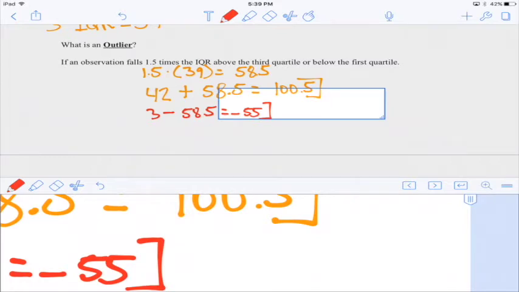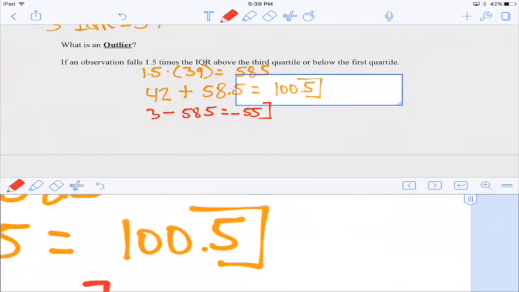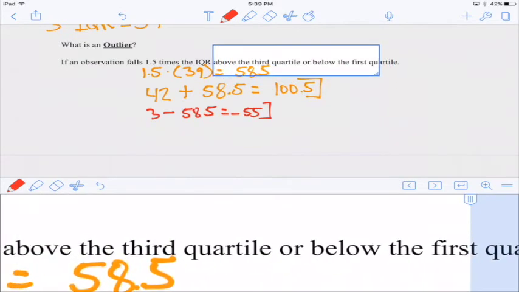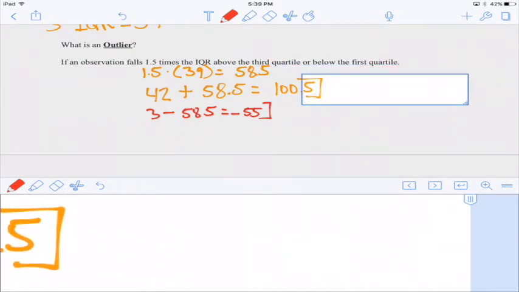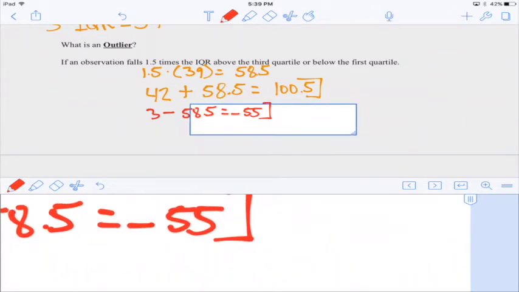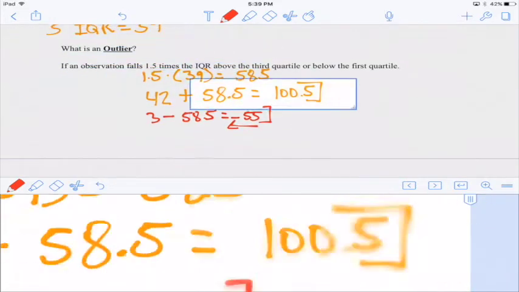Because this is, again, a threshold. If it's past this in the negative sense, so it's really going this way, then that would also be an outlier. So we don't have any low outliers. Okay, so remember this.